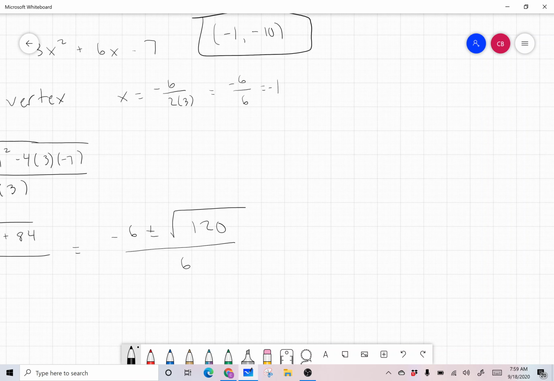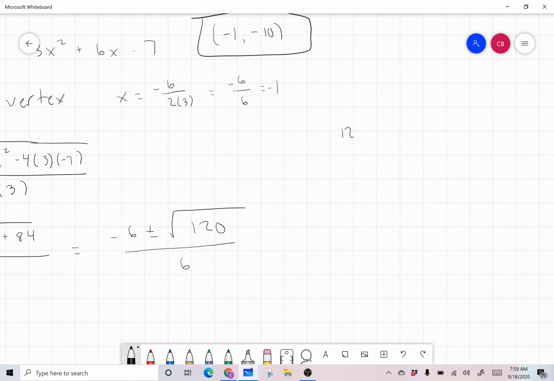So let's see what we can do. 120 is 12 times 10, which is 2 and 5, 4 and 3.